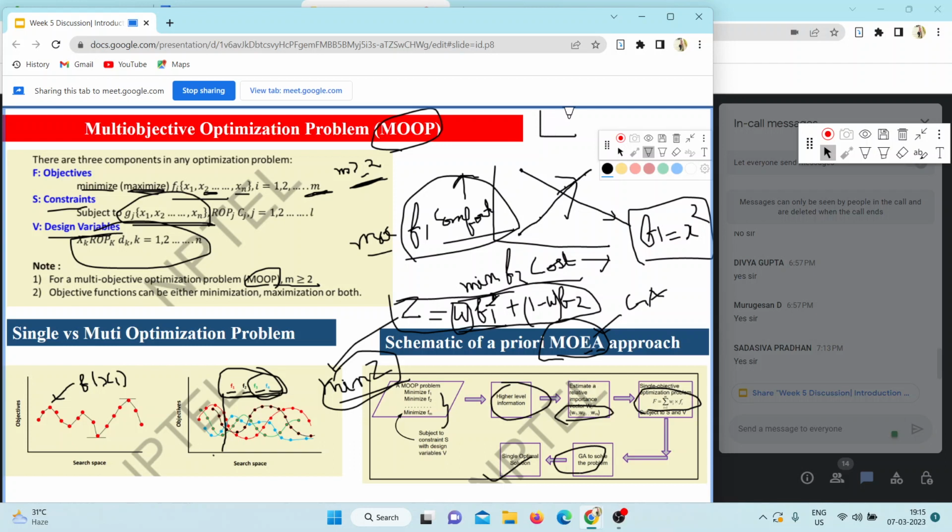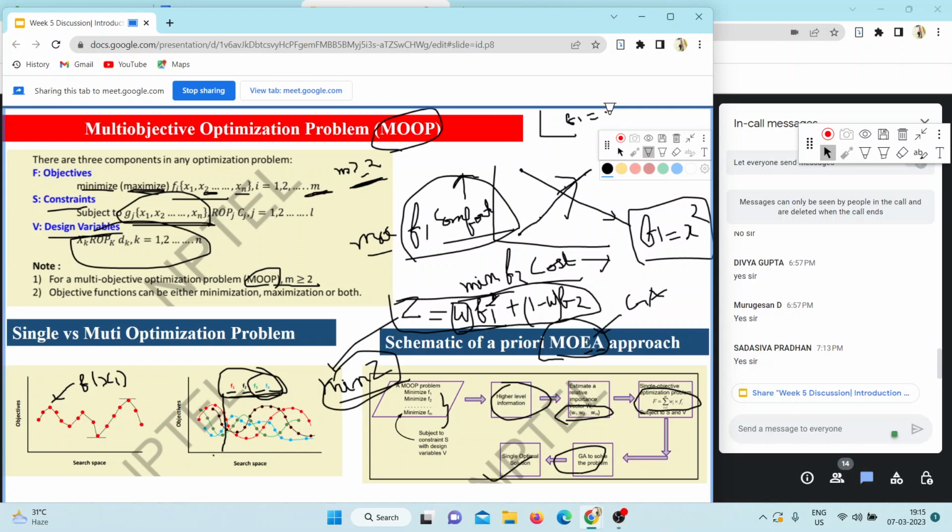Your f1 could be something in terms of money, like f1 could be x minus something. F1 should be some equation, right? Could be x minus 1, x minus 2, or x square minus 1, x square minus 2. So f1 is actually a function, like f1 will be f(x) or something like that. Okay? Okay, okay.